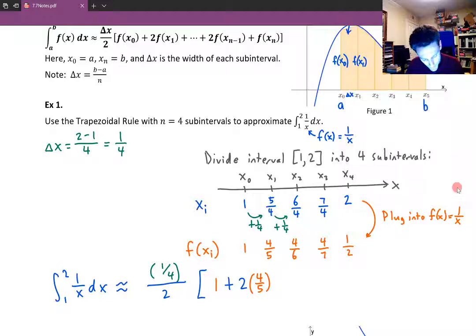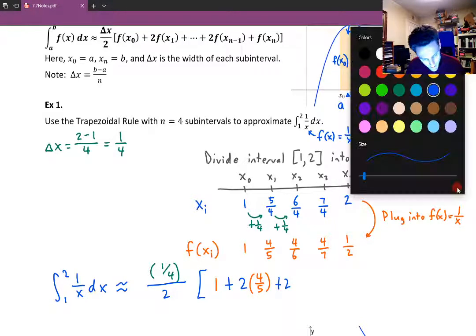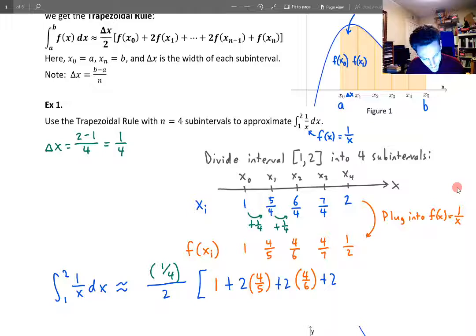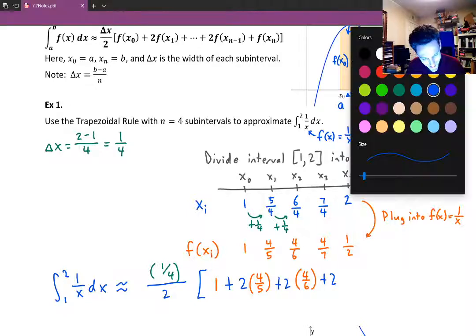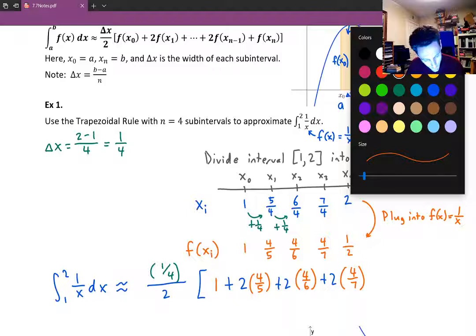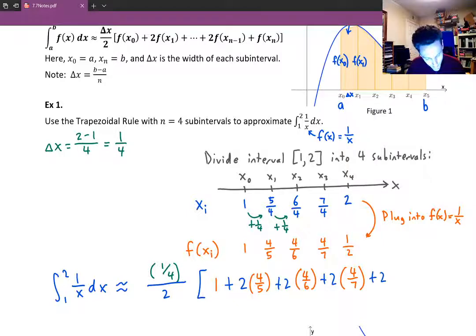And then we'll put plus 2 times the next function value, and plus 2 times the next function value. No, I lost my notes there. Times the next function value, which is 4/7. And plus 2 times the next function value, which is the last one.